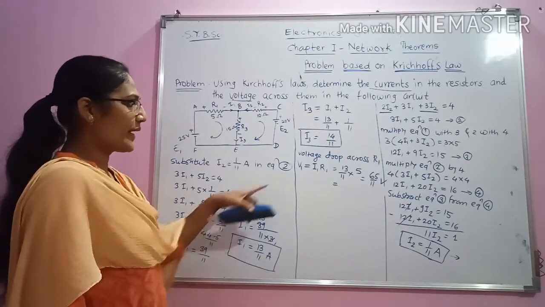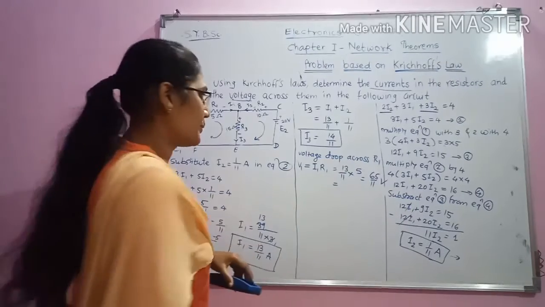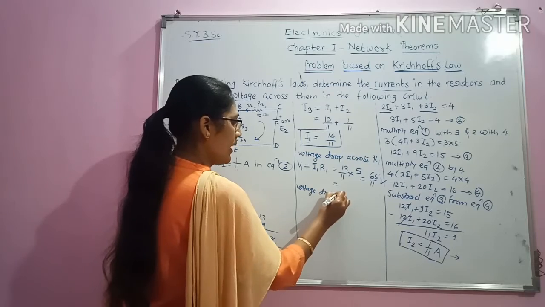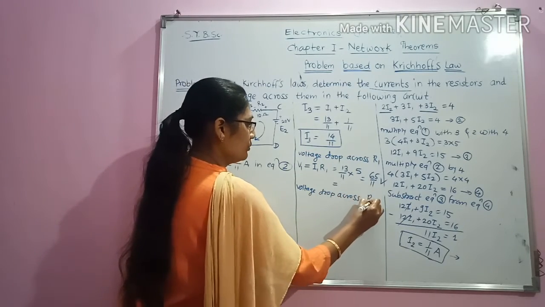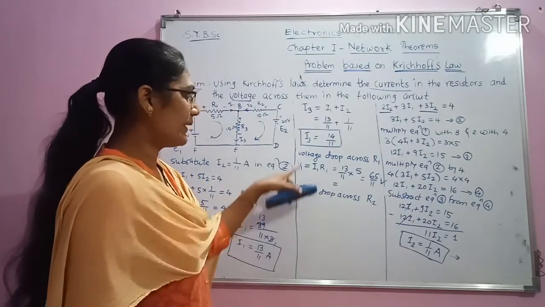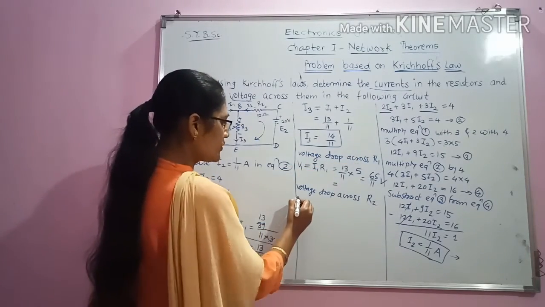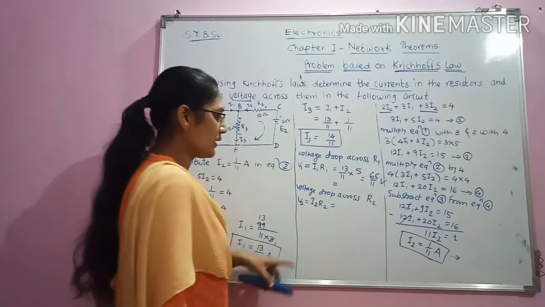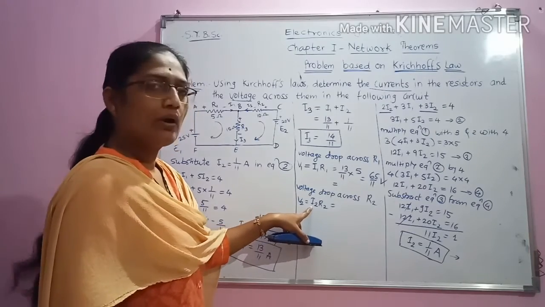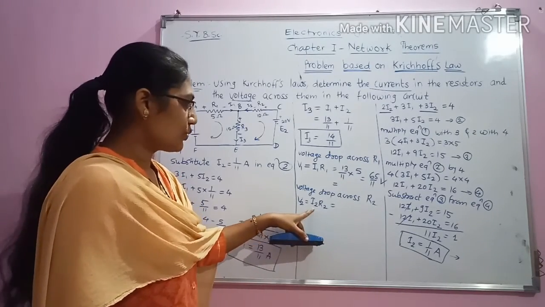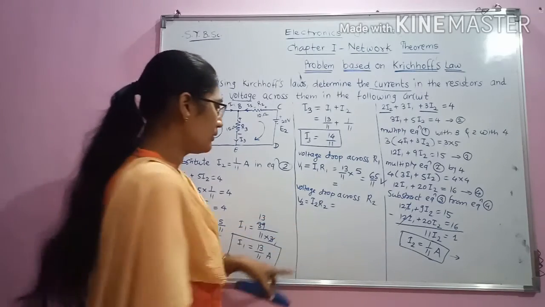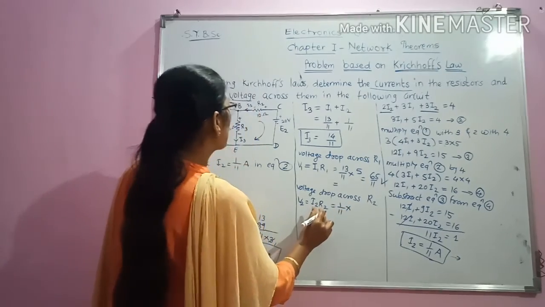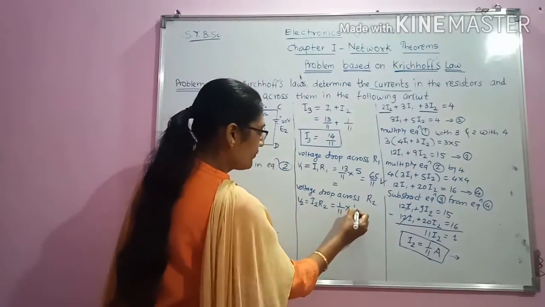Now we will try to find the voltage drop across R2. In order to find the voltage drop across R2, its formula is the same: V2 is equal to I2 into R2. So substitute the value of I2 here. We have the I2 value as 1 upon 11 into the R2 value. R2 value is 10.